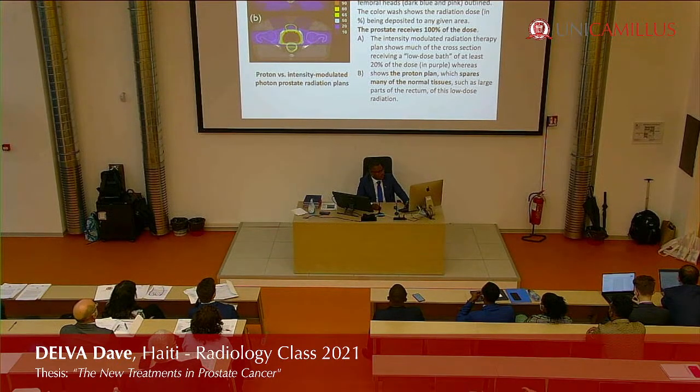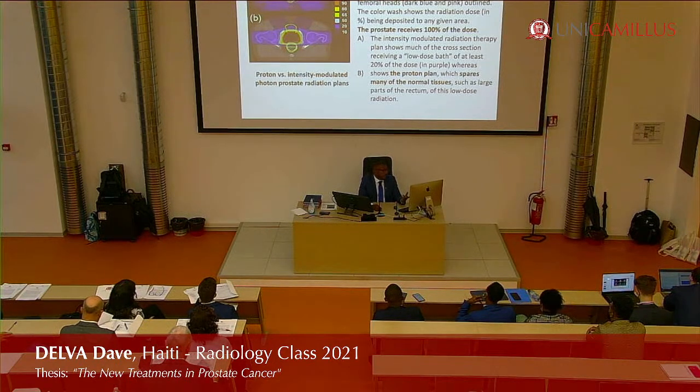Here are two identical cross-sectional computed tomography images that compare the photon and the proton therapy. In the first image, it's the case of the photon therapy, where the distribution is also in the periphery. In the second image, B, we can see that the distribution is more specific.